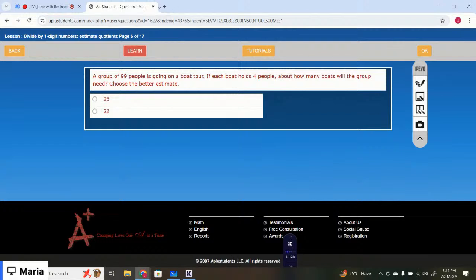A group of 99 people is going on a boat tour. If each boat holds 4 people, about how many boats will the group need? Choose the better estimate.